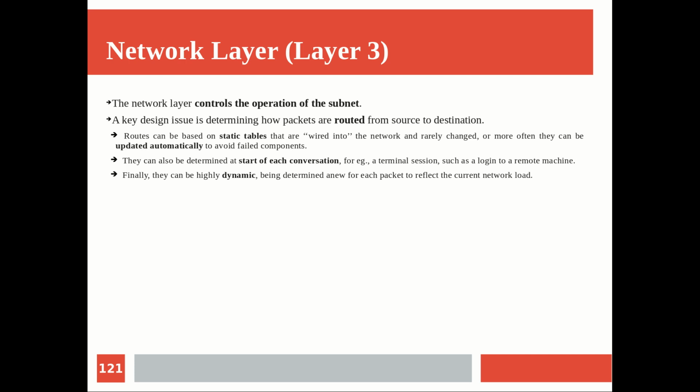But in static decision making, at the start of each conversation you determine a path, and blindly further communication will follow that path, even though there is high network load on that path. But with dynamic decision making, it will consider the current network load, and accordingly alternate the path. A path with less load will be selected for communication if the current path is overloaded.